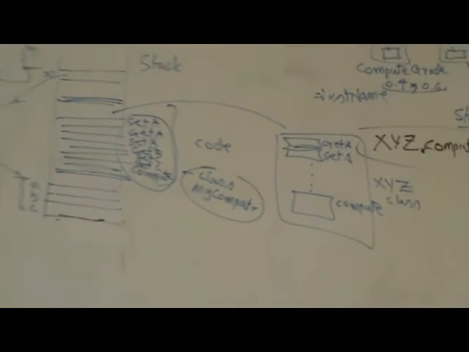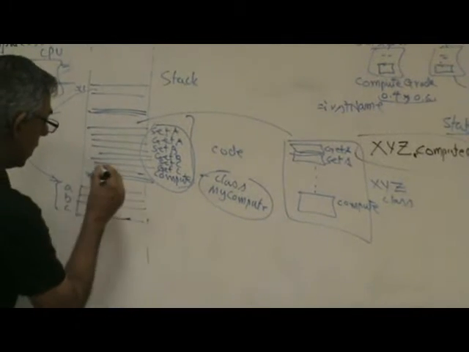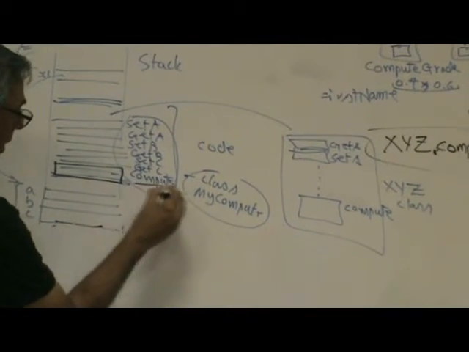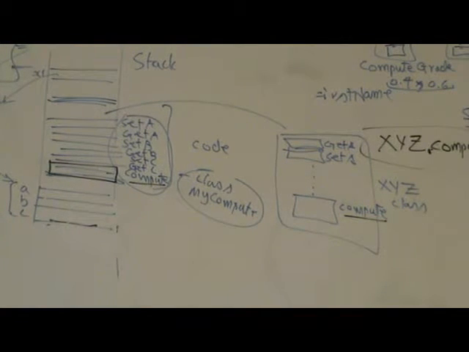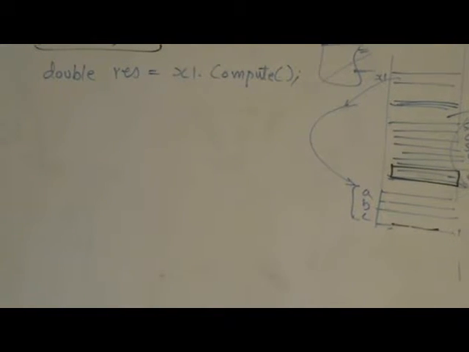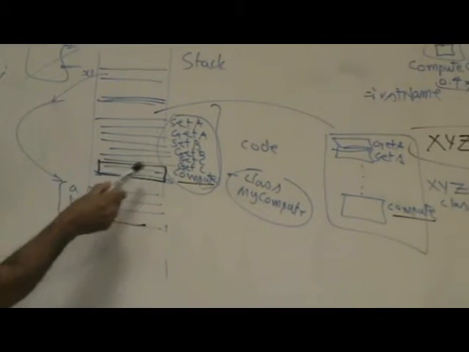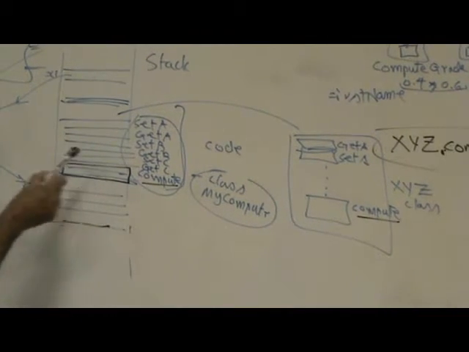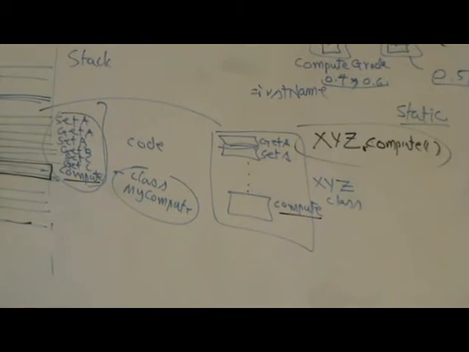So there's a compute method over here, and there's also a compute over here. So the question is, when we write x1.compute, which compute will be called? Will the compute belonging to myCompute be called, or the compute belonging to the XYZ class?